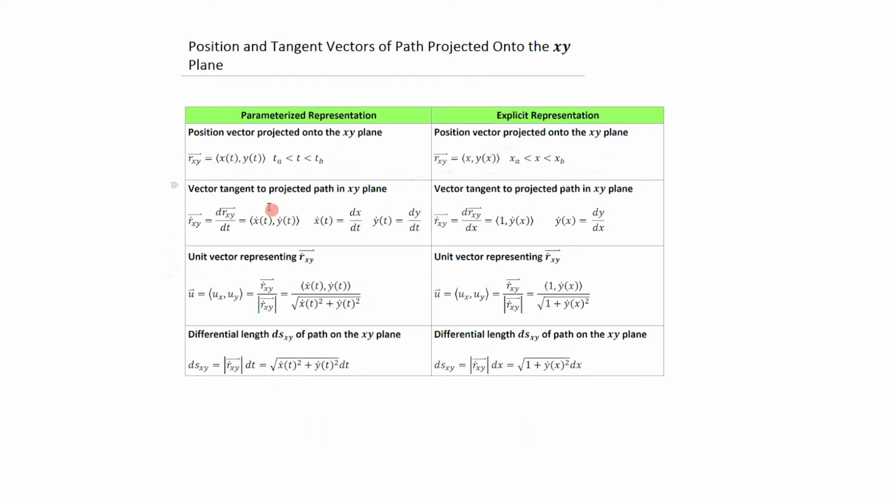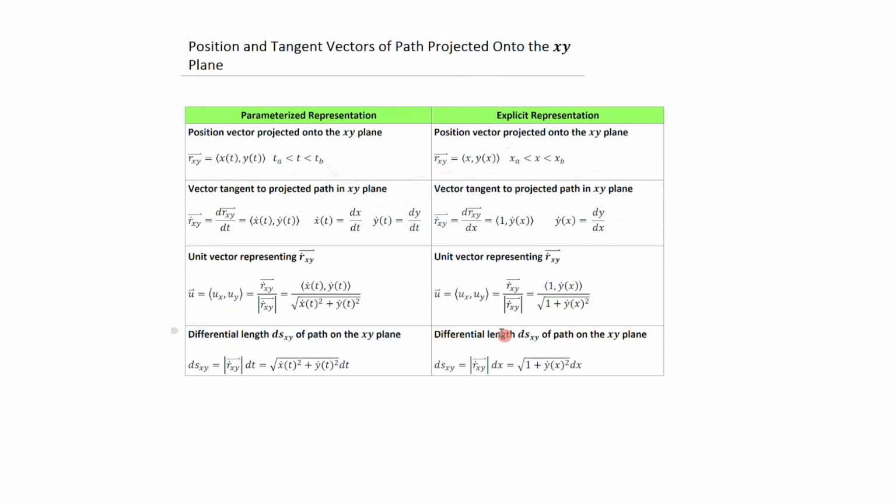The vector tangent to the projected path in the xy plane for the parameterized representation, where we just take the derivative with respect to t, becomes x dot of t, y dot of t. Again, here are the expressions for x dot and y dot. For the explicit representation, we take the derivative with respect to x, in which case this becomes 1, since the derivative of x is 1, and y dot is dy/dx.